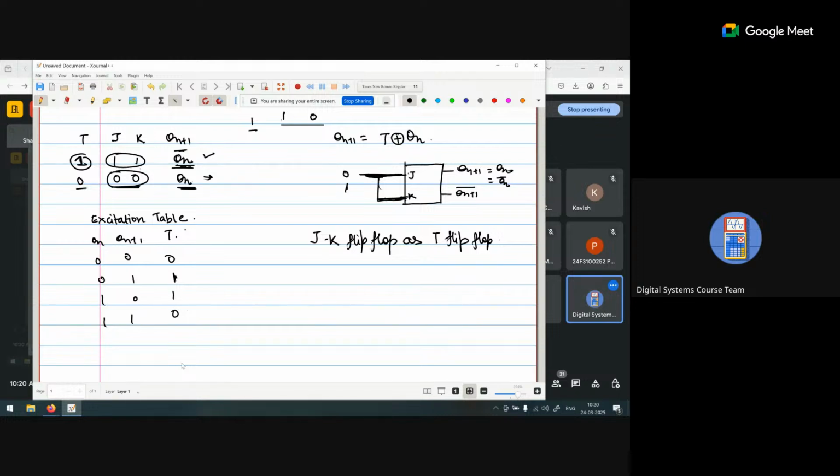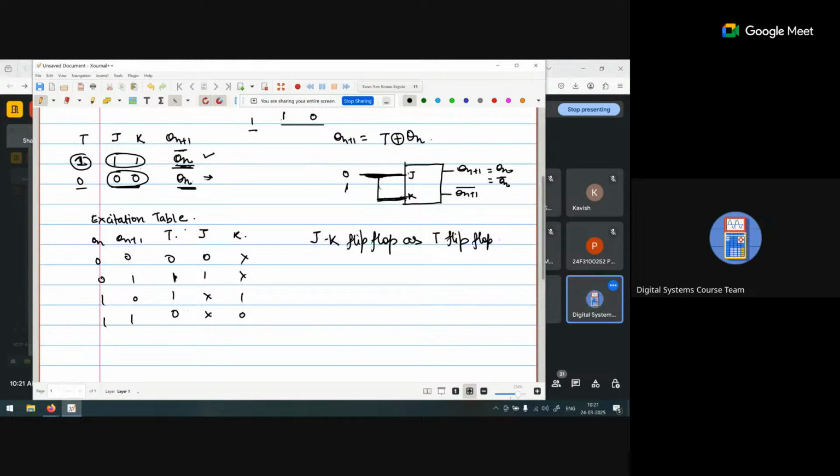Clear? Now with the help of the JK flip-flop, we already know the JK flip-flop truth table and excitation table. So what is the excitation table of JK? JK is 0, 1, cross, cross, then cross, cross, cross.